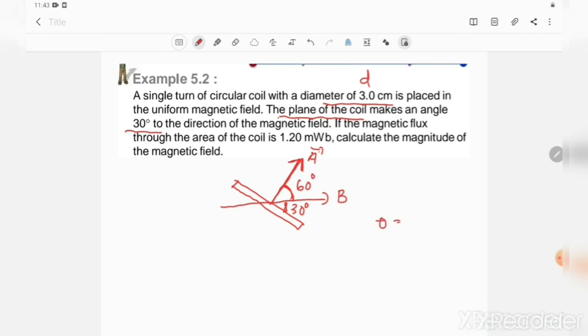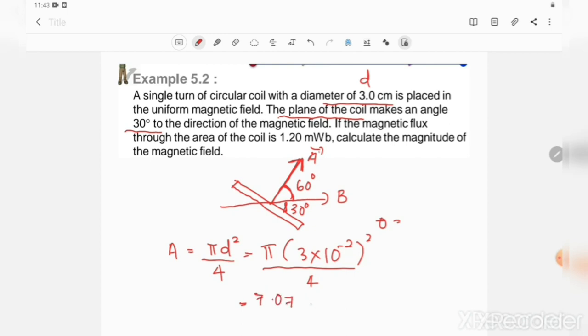Next, we have to calculate the area of the coil, and for a circular coil, the area is pi d squared over 4. The diameter is given as 3 times 10 to the power of negative 2. So, the answer for the area is 7.07 times 10 to the power of negative 4 meter squared.